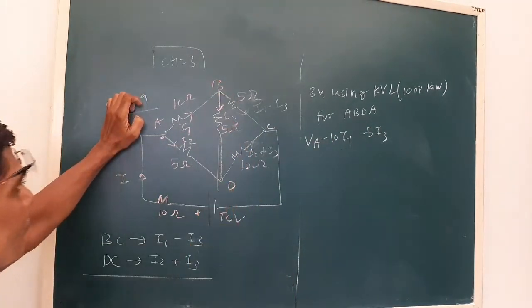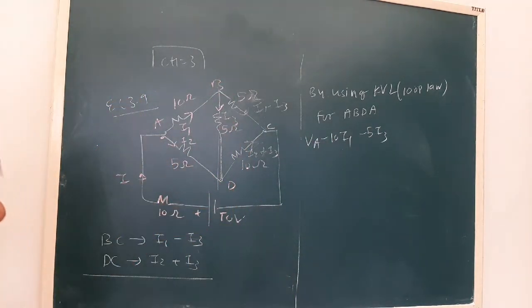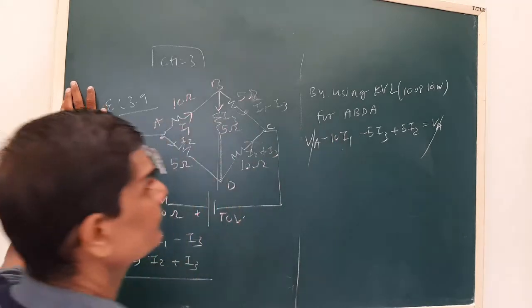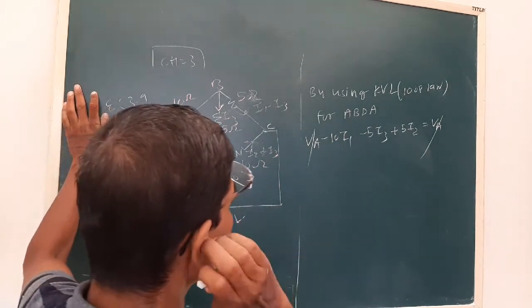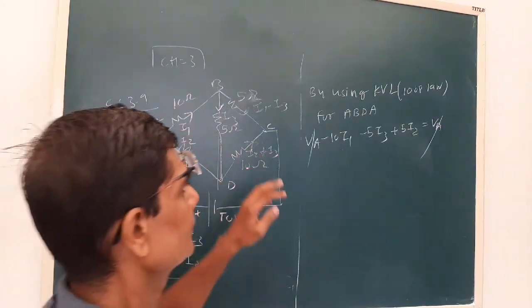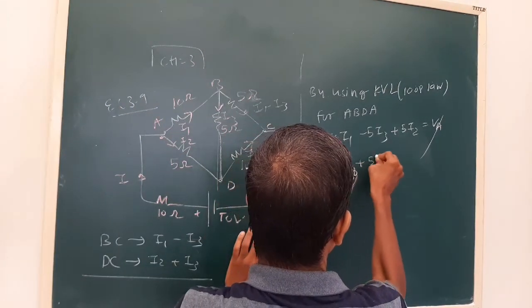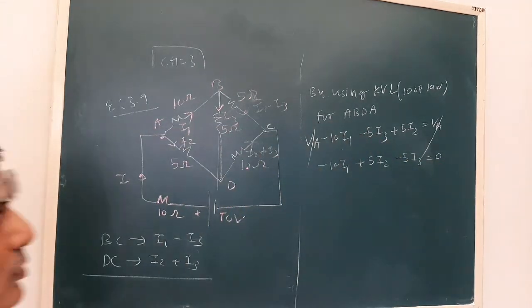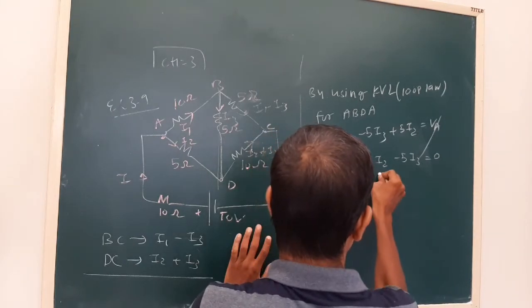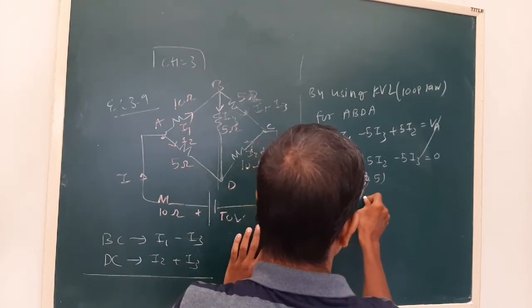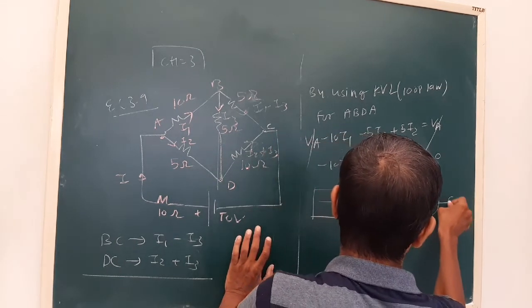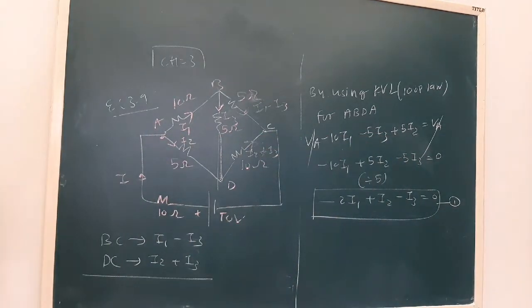Then when we move in the DA branch, we are moving opposite to the current, so plus 5 I2. Finally we come back to A. So minus 10 I1 plus 5 I2 minus 5 I3 is 0. All are multiples of 5, so we divide by 5 and get minus 2 I1 plus I2 minus I3 is 0.